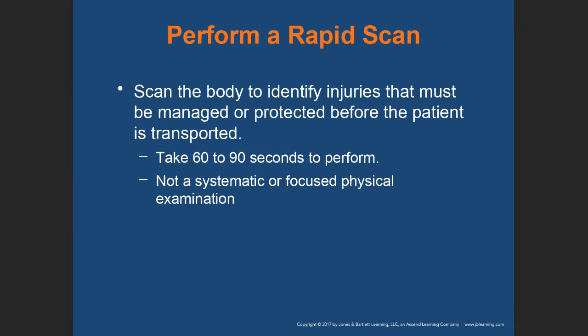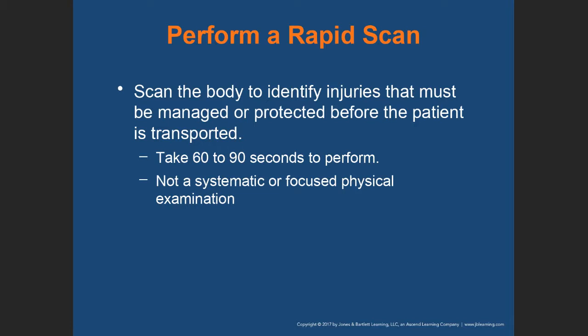Now you can do a rapid scan for a trauma patient, and you can do it for a medical patient as well. You need to know when it is necessary. So let's start with the trauma patient because it's a little easier to determine. Your mechanism of injury will determine if you need to do a rapid scan for your trauma patient.